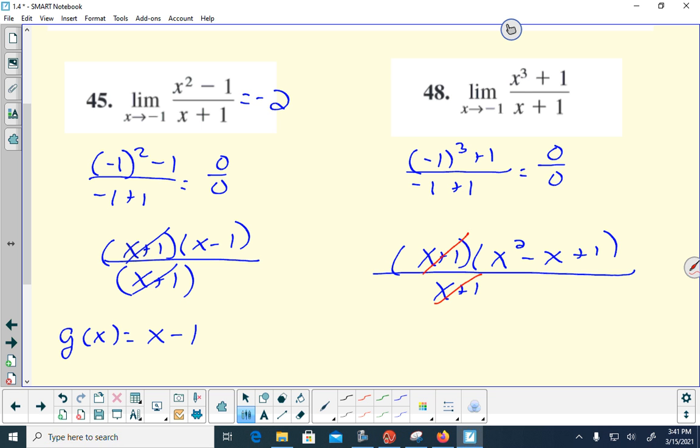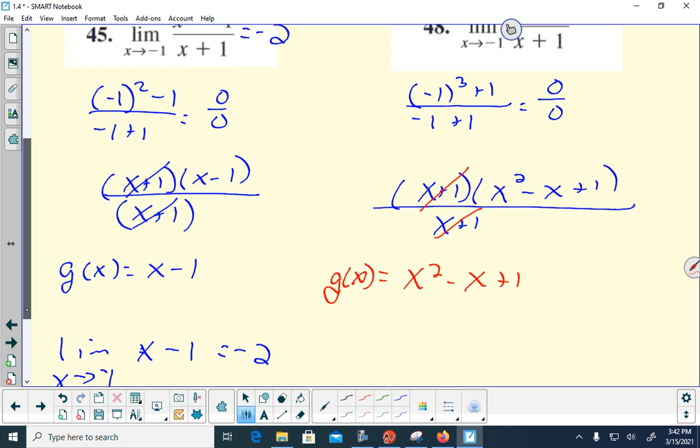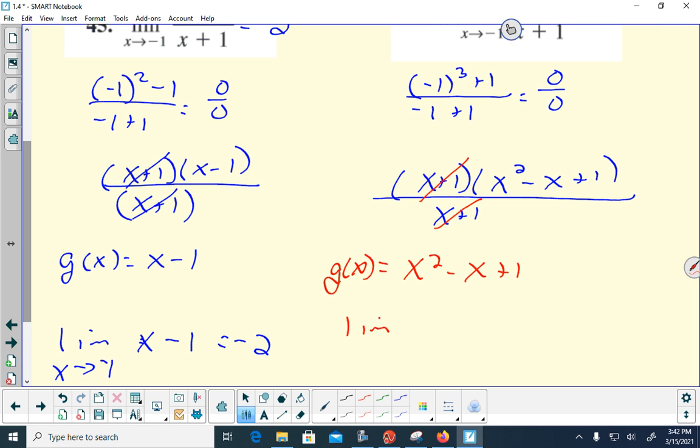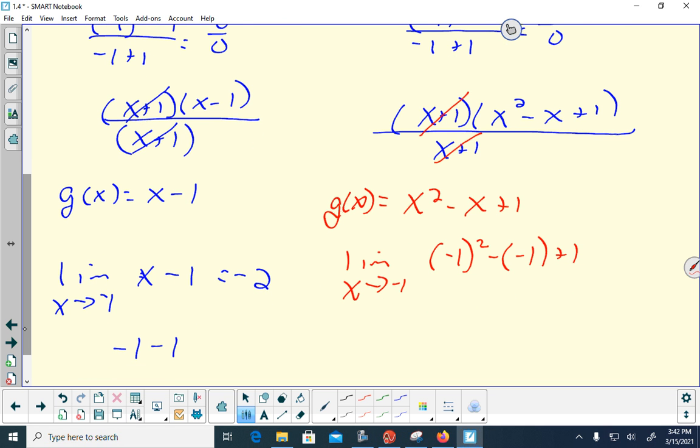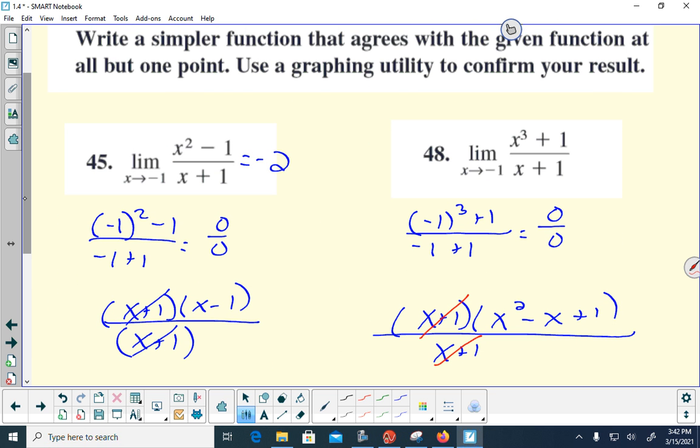Here the x plus 1s will simplify, so my new function that agrees at every point except for the one point, which is -1, is x squared minus x plus 1. Now I'm going to find the limit of this function as x approaches -1, so this will be -1 squared minus -1 plus 1, and when I do all that, I get 3, which means the limit up here is also going to be 3.